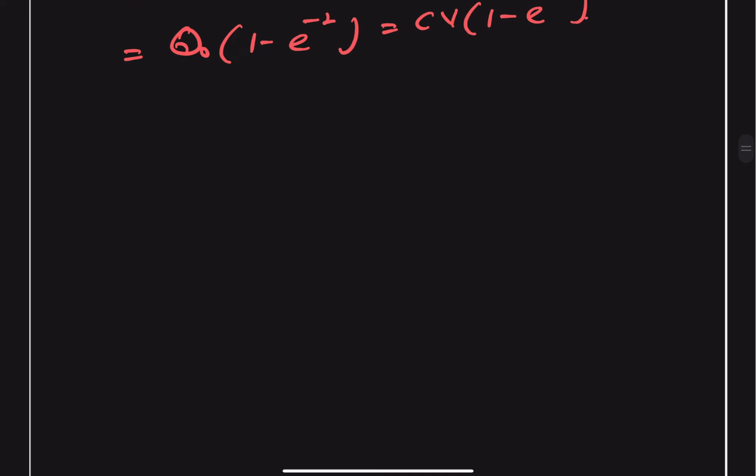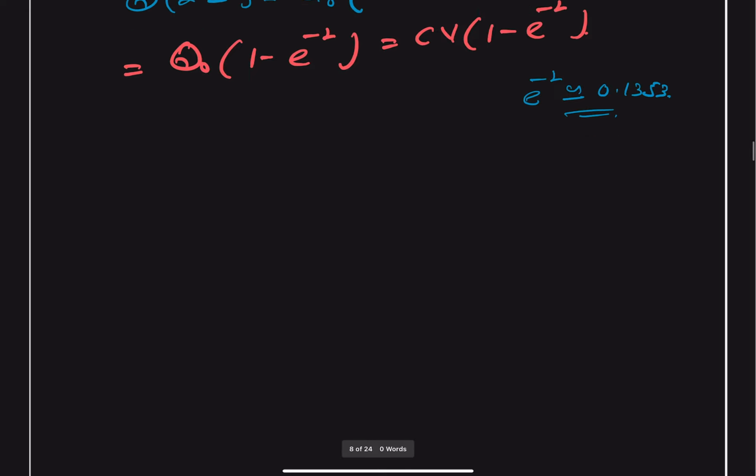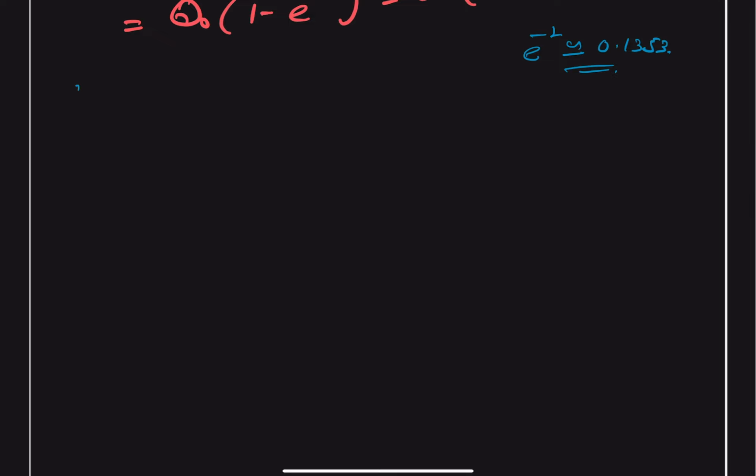We substitute the value of e raised to power minus 2, which is approximately 0.1353. So we get charge at q tau will be equal to 0.8647 times q naught.